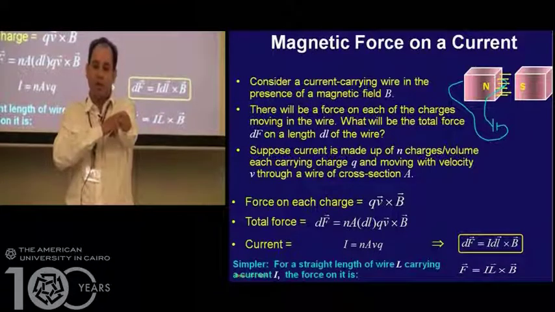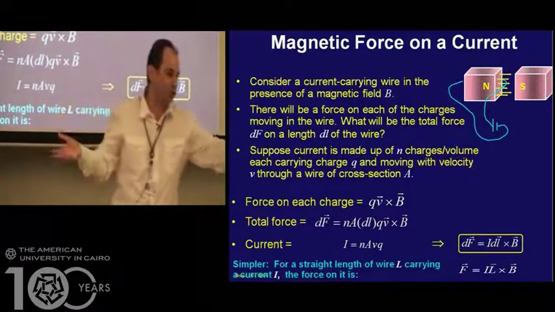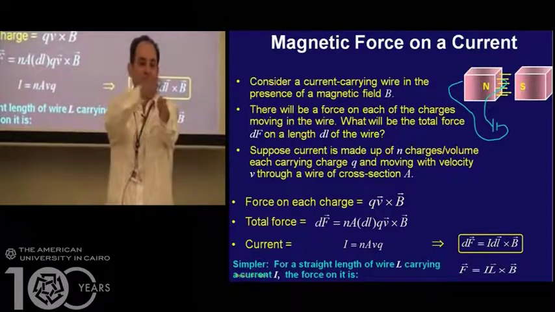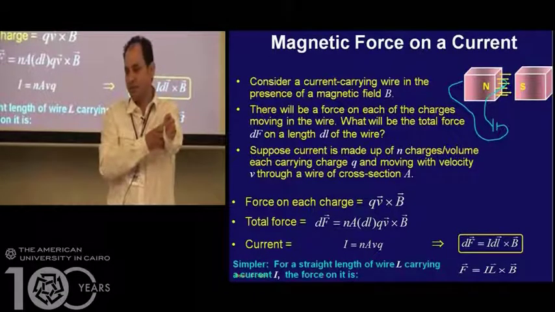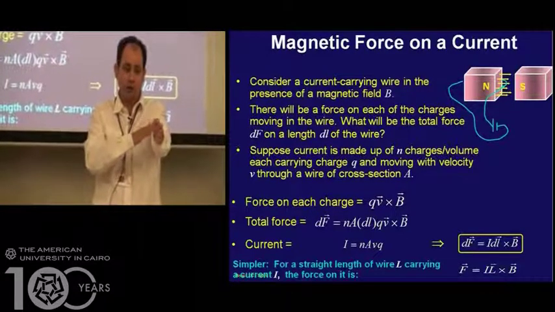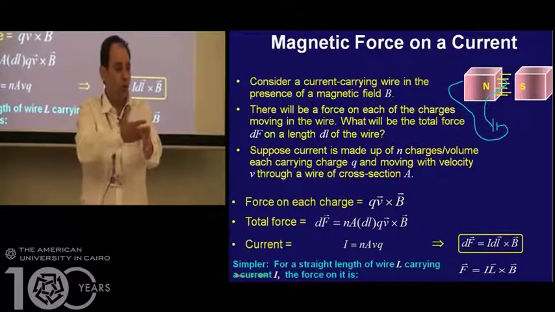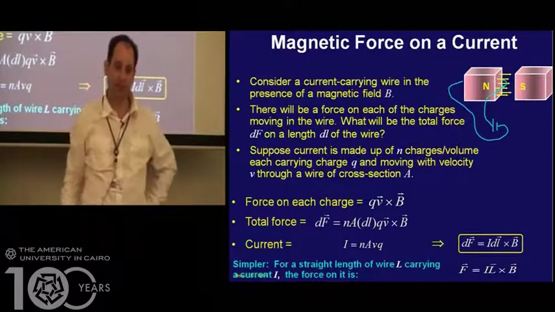The current inside the wire is nothing but charges. Positive charge will move in that direction. What happens then? Each charge will feel a force in the upward direction, and the whole wire will move up.